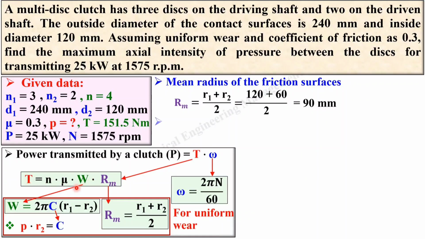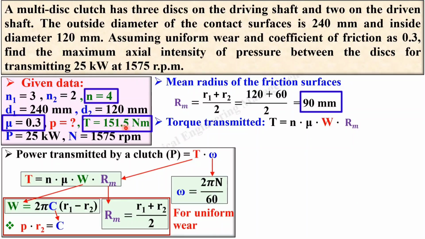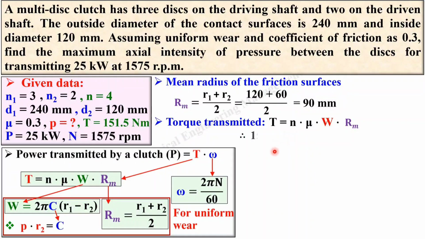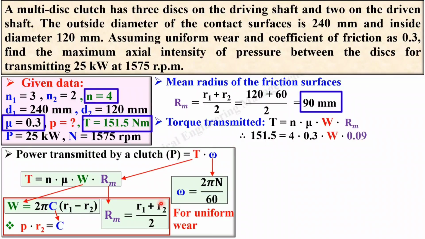Now you can use this equation, torque transmitted equals this one. Now put the values. We have the torque, that is 151.5 Newton meter, equal to n, that means 4, mu that is given as 0.3, W is the question mark, and Rm that means the mean radius.